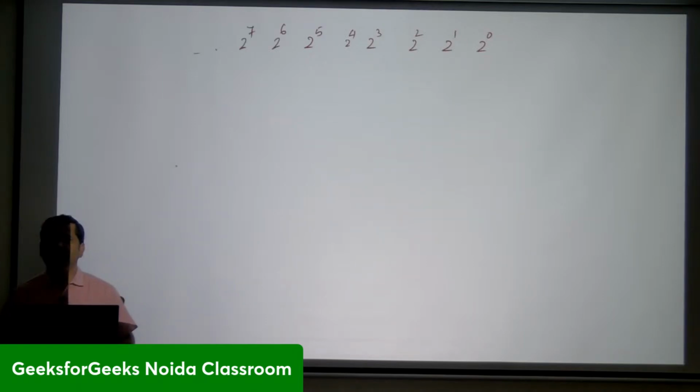If you want to write 2 to the power 7, that should be 1, and the rest of the values are 0. I just kept 0 over here, and I want to reduce this by 1. If I reduce this by 1, it is going to be all 7 ones. So every 0 is simply converted into 1.